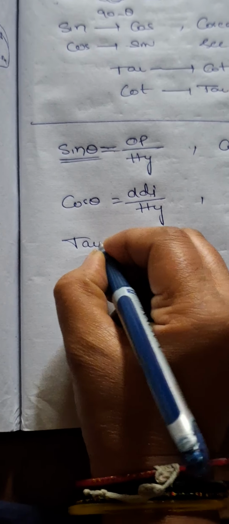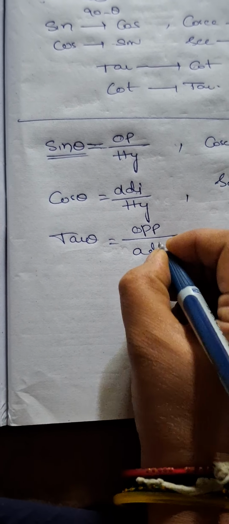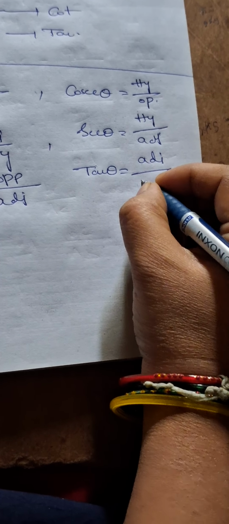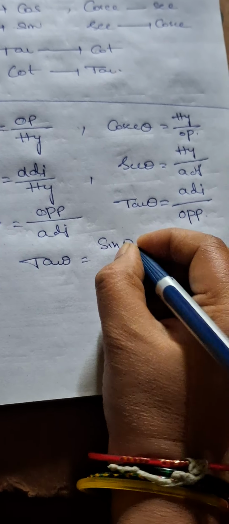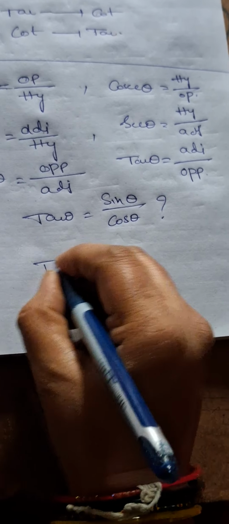And next tan theta. What is the formula for tan theta? Opposite side by adjacent side. Here what do we have to write? Cot theta: adjacent side by opposite side. And for tan, one more formula is there. Tan theta is equal to sin theta by cos theta. Why are we writing this?